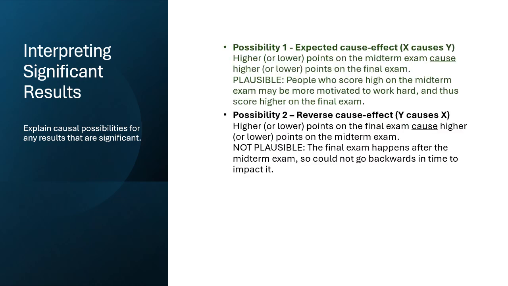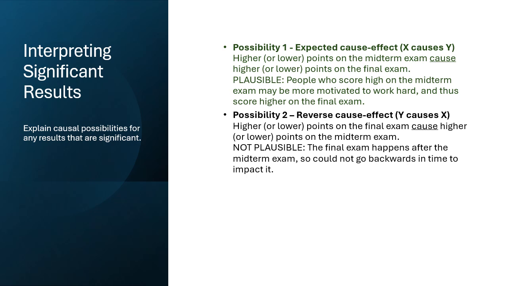So possibility 1, expected cause effect, X causes Y. In this example, it means that higher or lower points on the midterm exam cause higher or lower points on the final exam. It's written this way because higher points correspond with higher points, lower correspond with lower. This could also be, of course, if it's a reverse.